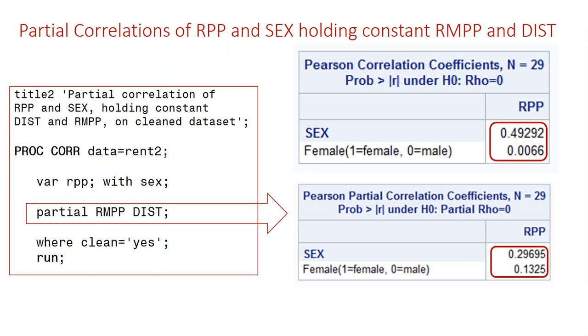And that coefficient falls from 0.49 in the bivariate case to 0.296 or 297 with a p-value that is generally too high to regard as significant. That is, we would look at this relationship in partial terms and suspect that there is not a premium by sex once you hold the variables RMPP and DIST constant.